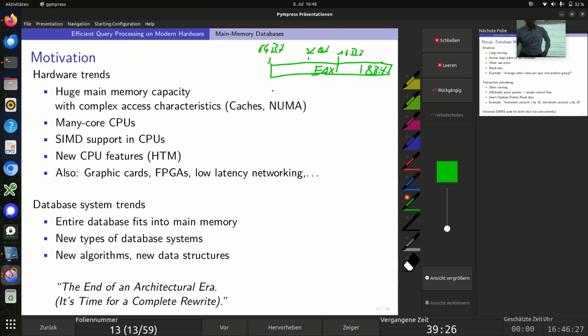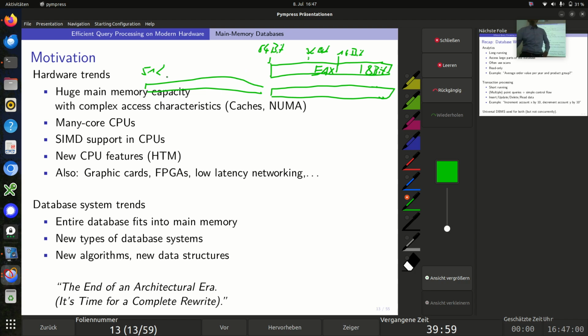Now the idea is, we have a separate SIMD unit, and instead of 64-bit we can use up to 512-bit. Inside of 512-bit, we can process up to 8 64-bit numbers at the same time.